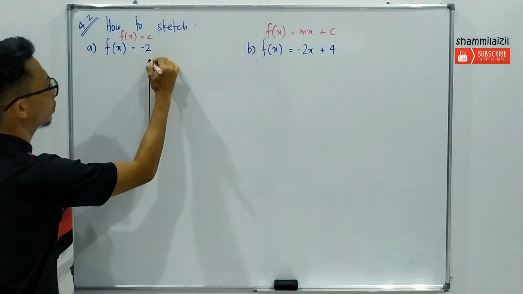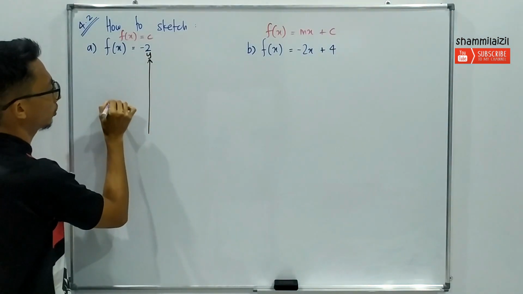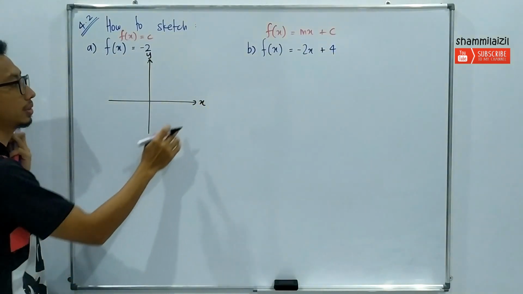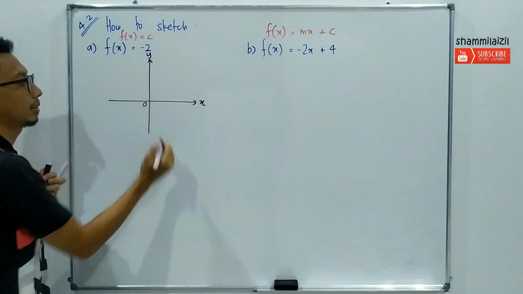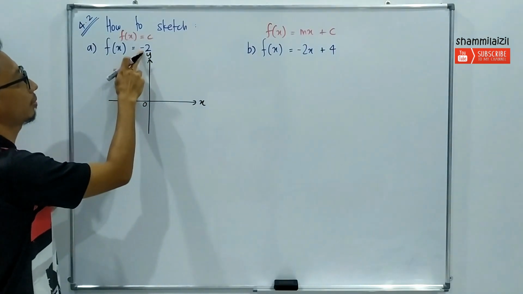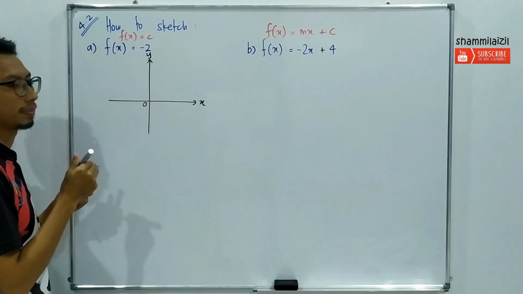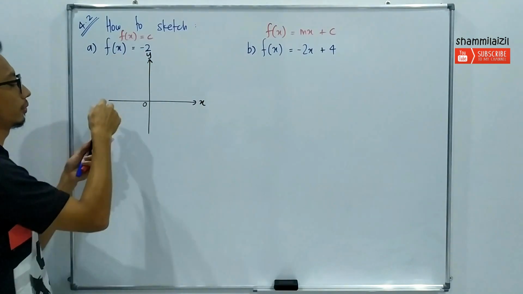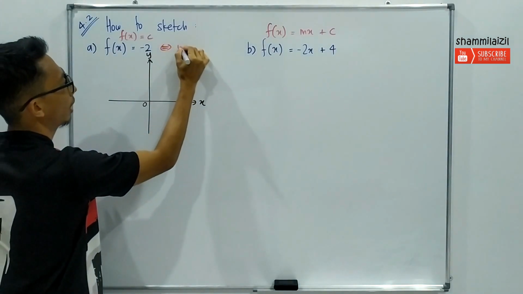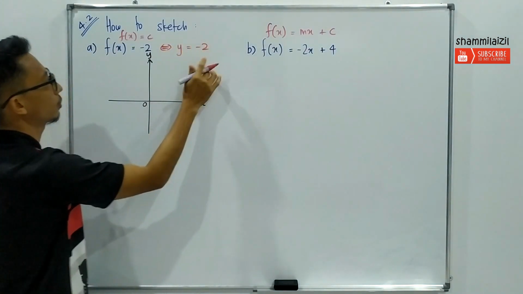If the question asks you to sketch, the first step is to make sure you draw the axes. Make sure you label your axes x, y, and 0, the origin. Okay, take a look at minus 2. Where is minus 2? Guys, be careful. This one is similar to y equals minus 2.